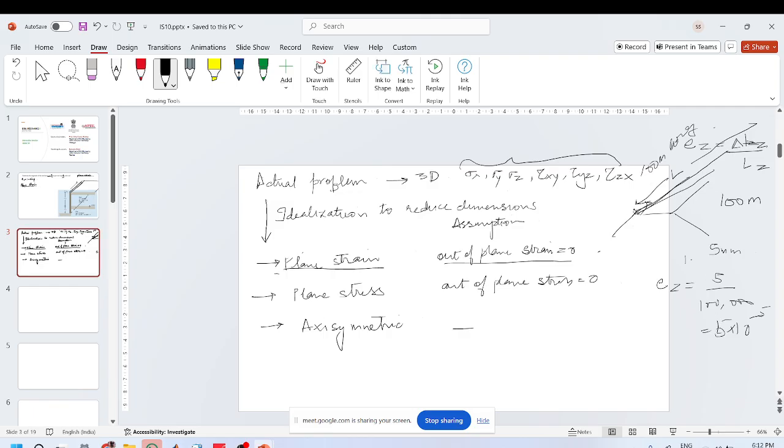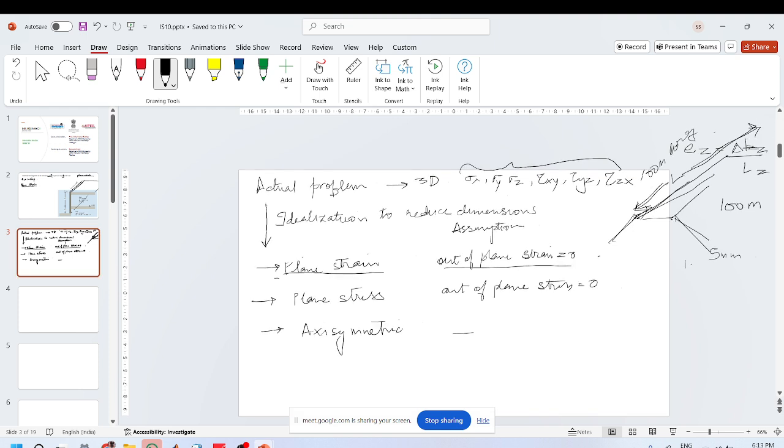But when you compare it to the x and y sides, you may see first of all the strain is small due to the fact that the length is long in this direction, plus the fact that there is a confinement.